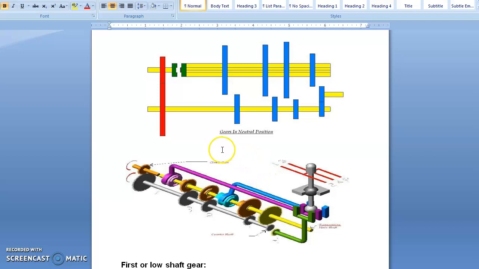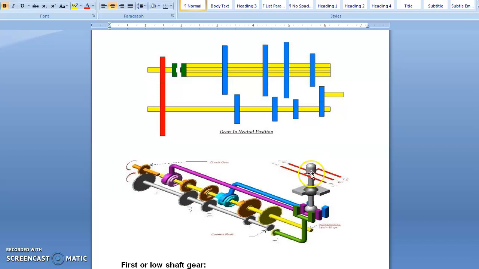In the neutral gear position, as you saw, we have an H mark on the handle of the lever in the driver cabin. According to this H mark, the driver engages or disengages the gears.